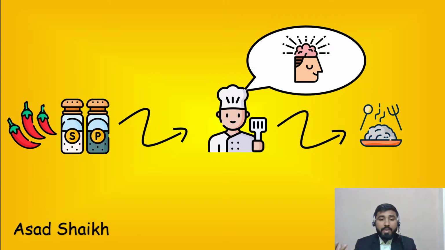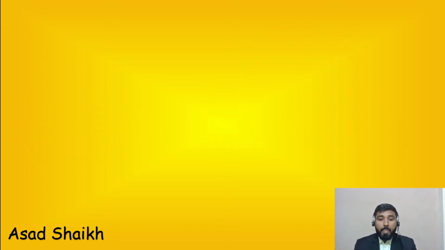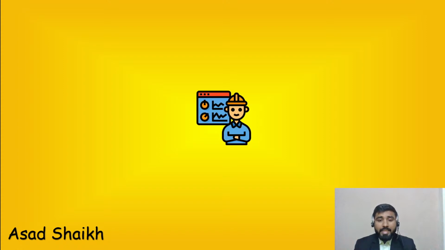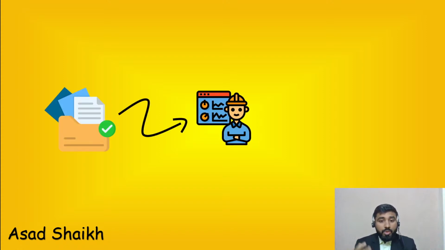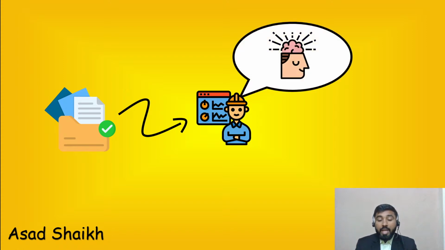Similar is what I feel is the role of an engineer. For example, an engineer gets a lot of input documents that we will soon see, and an engineer has to understand how to extract data, how to process that, and how to take an engineering decision. That is the magic of the engineer, and that is what we will try to explore, at least the first part of it, in this webinar.